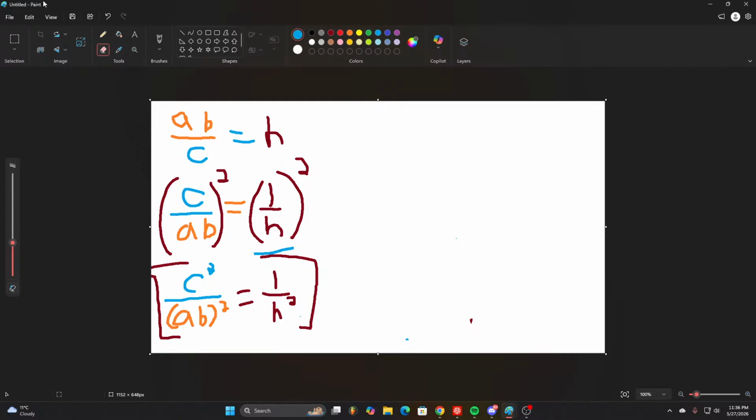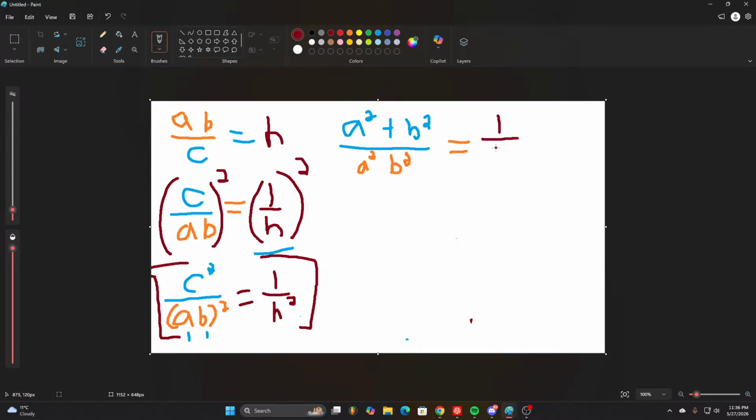Whenever you're multiplying two numbers and squaring them, that is equal to the squares multiplied. So ab squared is equal to a squared times b squared. And all of this is equal to 1 over h squared.